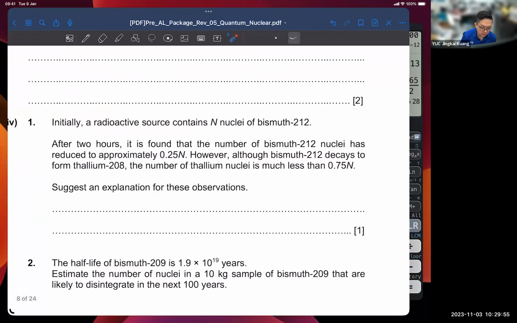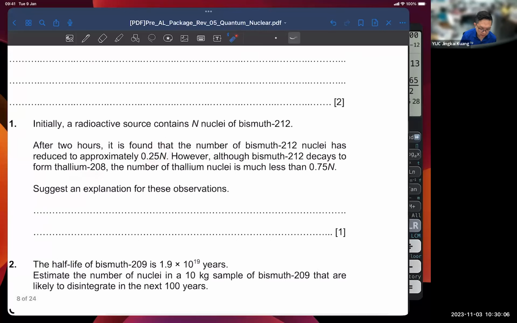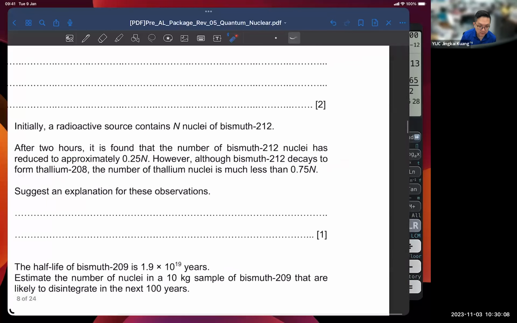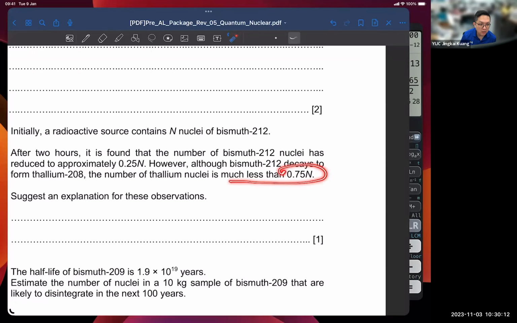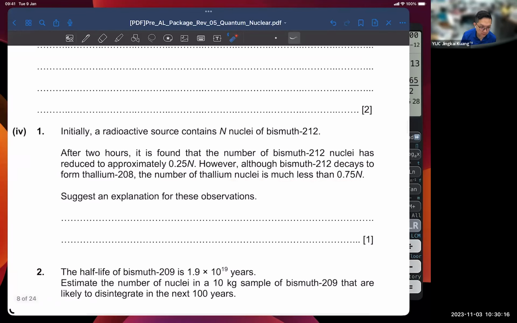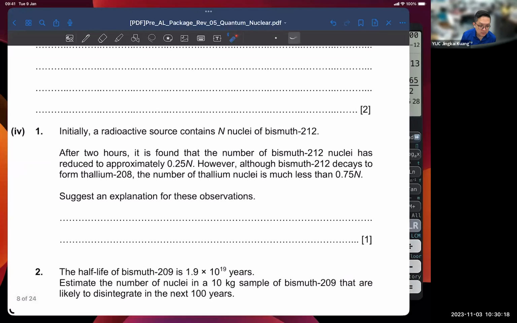Bismuth. Okay, next one. A radioactive source contains N nuclei of bismuth-212. After 2 hours, bismuth reduces to 0.25 N. Although bismuth decays to form thallium-208, the thallium nuclei number is less than 0.75 N because thallium has also undergone decay. By right, if you convert bismuth, it will only convert to thallium, but that doesn't mean thallium will not decay on its own.